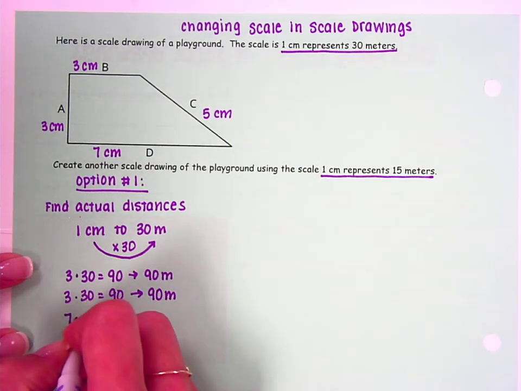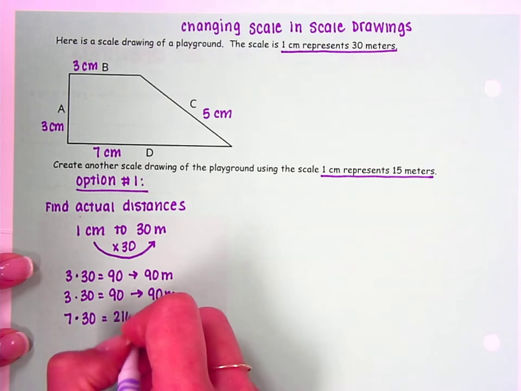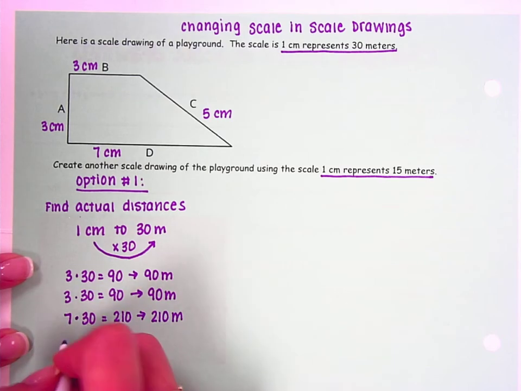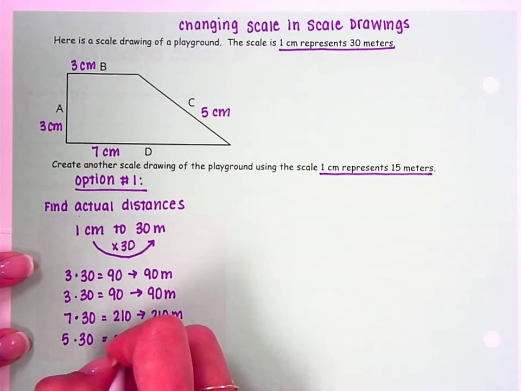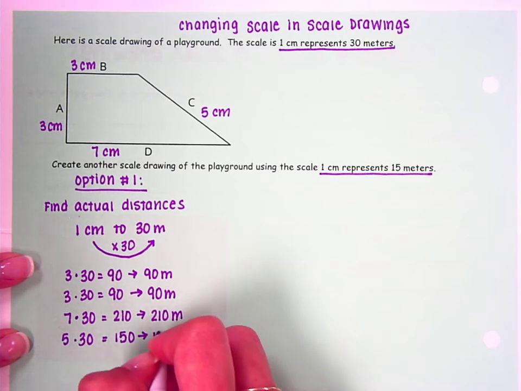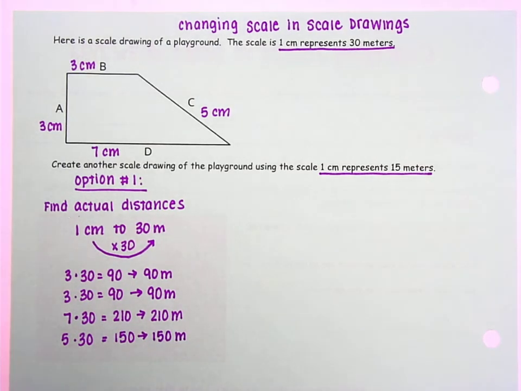So 7 centimeters times 30 is telling us that we're representing 210 meters in actual distance. 5 times 30 is telling us that we are representing an actual distance of 150 meters. So now I found my actual distances.